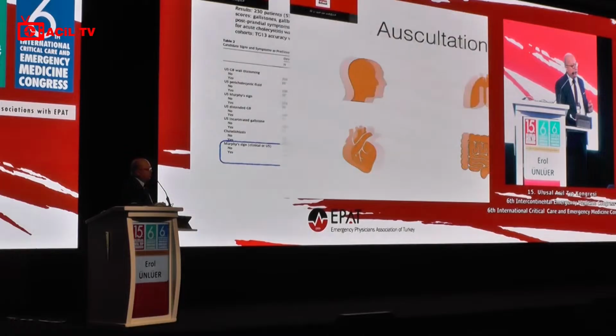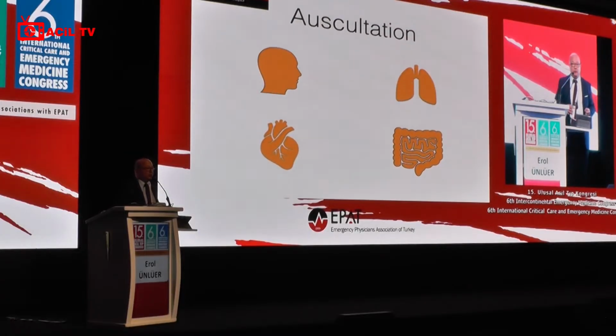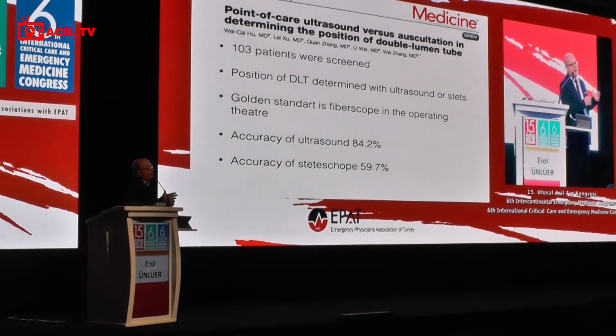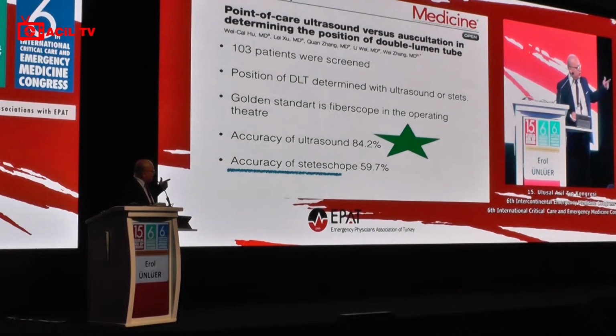So we can use our ultrasound probes instead of physician hands. Also, we can use our ultrasound machine for the auscultation steps of physical examination. How? For example, to determine the correct location of a double lumen endotracheal tube with a high accuracy, over 80%, compared to the stethoscope.